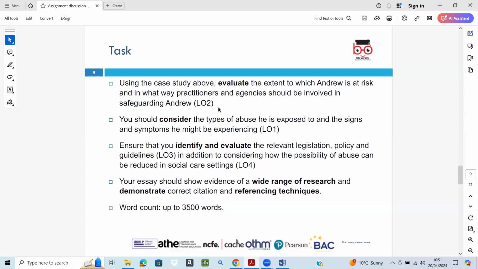Basically, whatever tasks are provided in your assignment brief, we need to follow them in a structured way. And the word count we discussed, it should be about 3,500 words, plus or minus 20%.